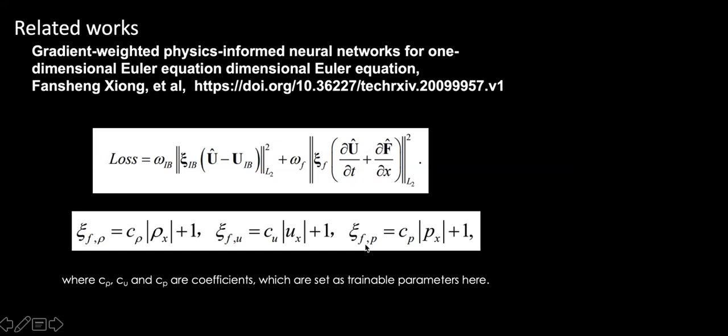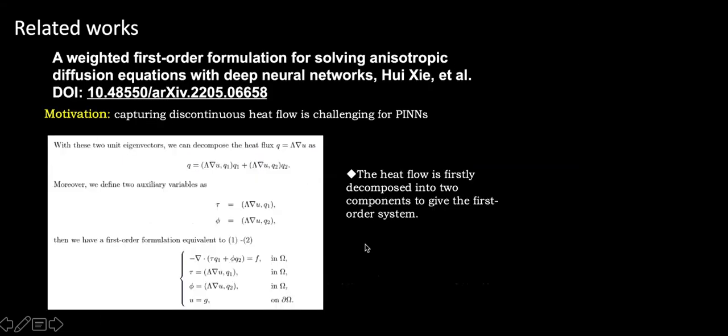Another partner of mine, Hui Xie, used a similar idea in solving isotropic diffusion equations. The diffusion equation is smooth, but the heat flux may be discontinuous. He first transformed the heat flux from a second order system into a first order system.